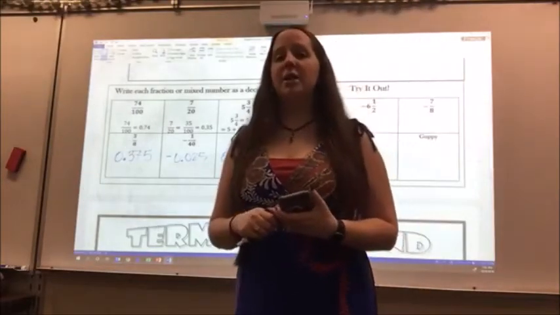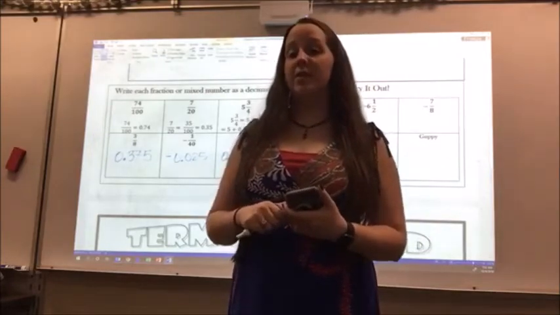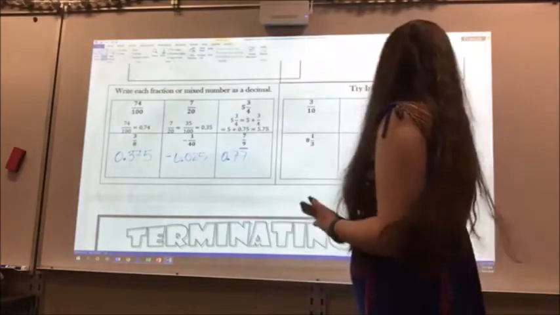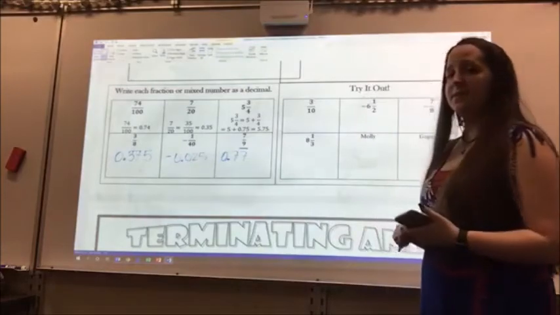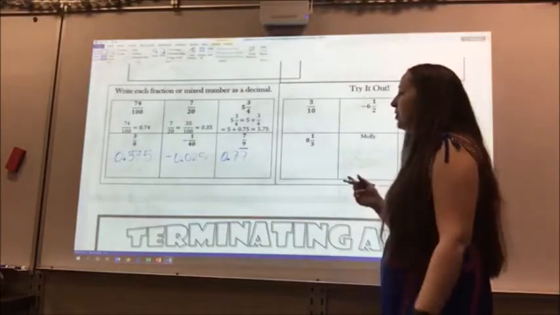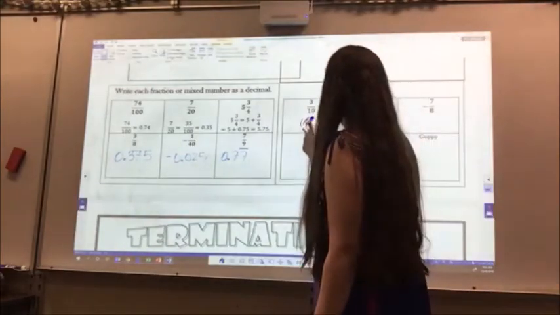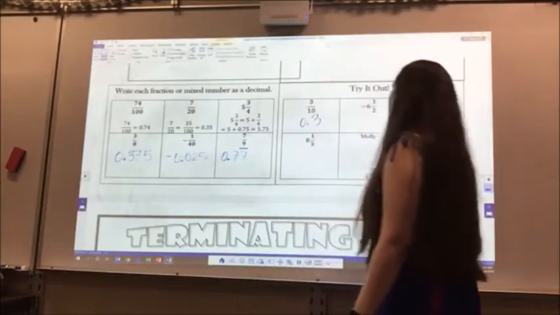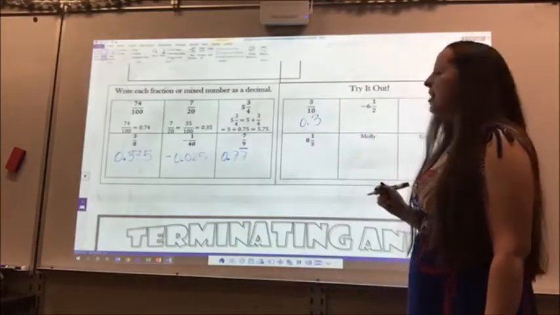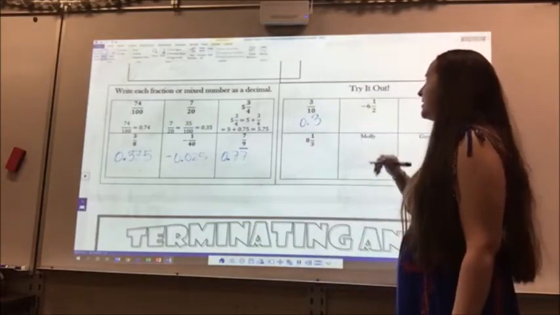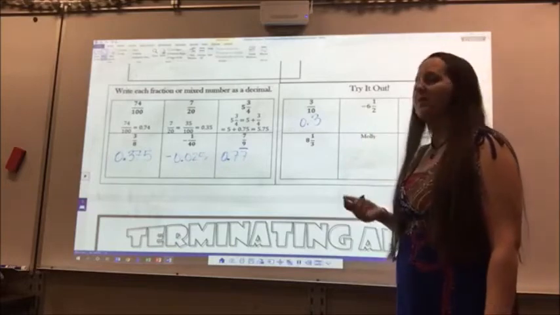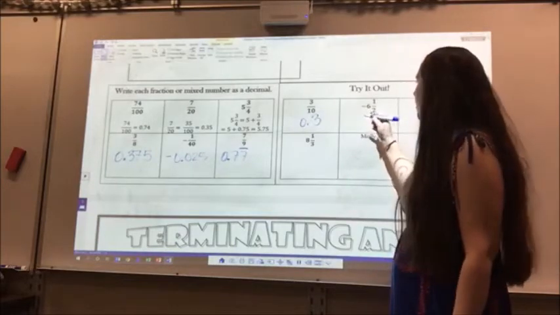All right, now that you've had a chance to try out the try problems, let's go over the answers together. So, the first one I have is 3/10. Okay, so I'm just dividing 3 divided by 10, which is 0.3. Then I have negative 6 1/2. I ignore the negative 6 out front. 1/2 is 0.5 because I can change 1/2 to 0.5.